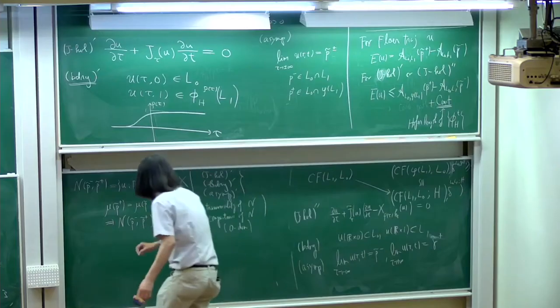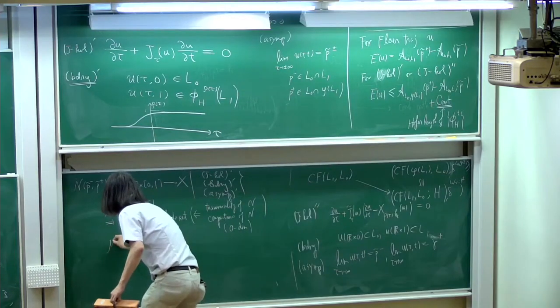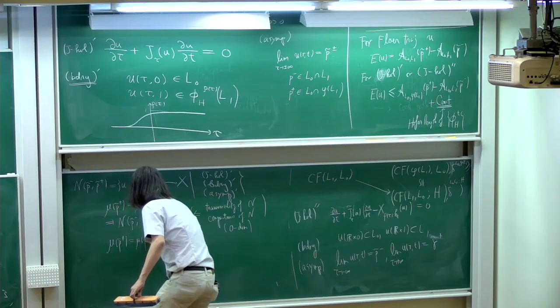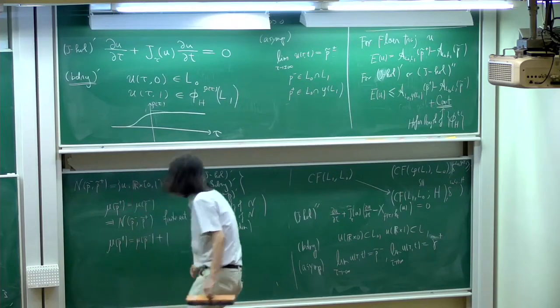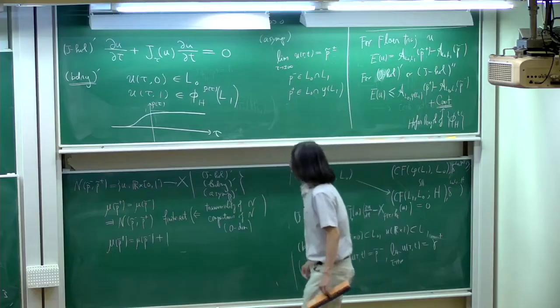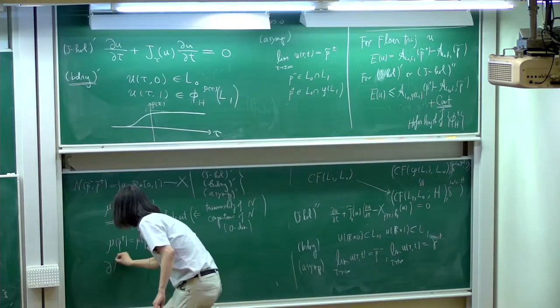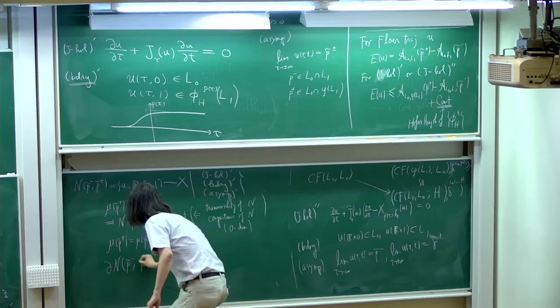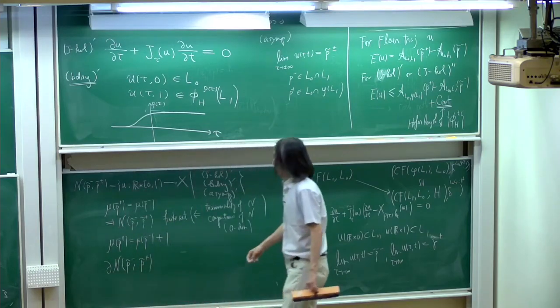And if it is one-dimensional, okay, so if mu of p tilde plus is equal to mu of p tilde minus plus 1, then what is happening is the following. You take the boundary of this N of p tilde minus and p tilde plus.